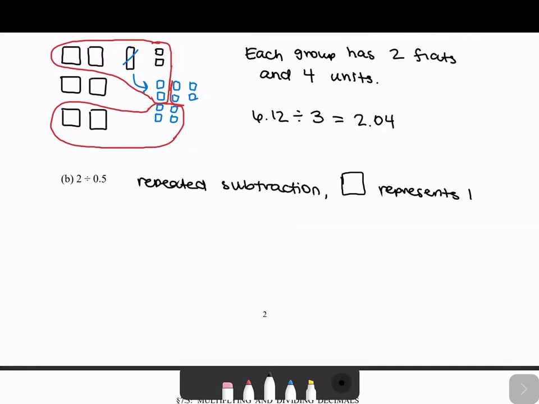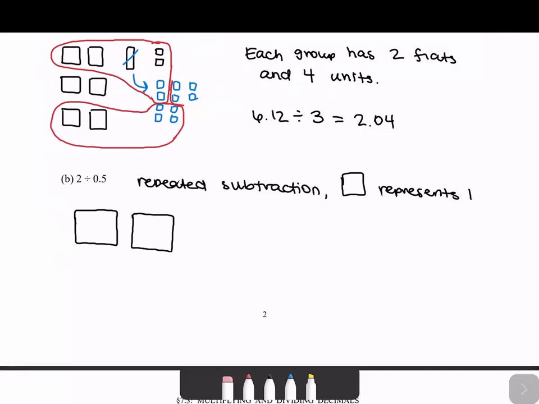So we are going to have 2 represented by 2 of these flats. And we want to take away half of it at a time. So we want to make groups of size 1/2. Remember that we can think of this division as how many groups of size 0.5 or 1/2 can I make out of 2.